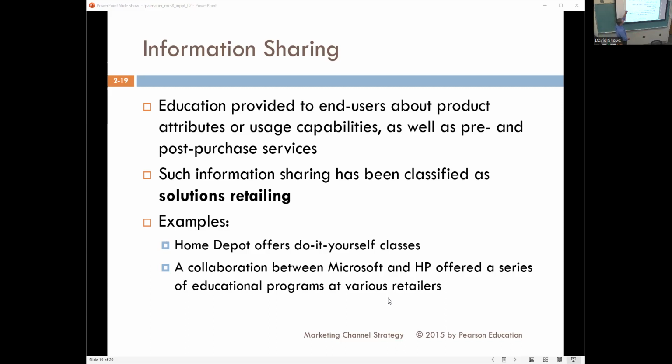Any education provided to the end users is considered information sharing. And like I said, as part of the things that you share are part of the channels, I think information sharing is the most important. And if it comes to a test question, information sharing is the most important.